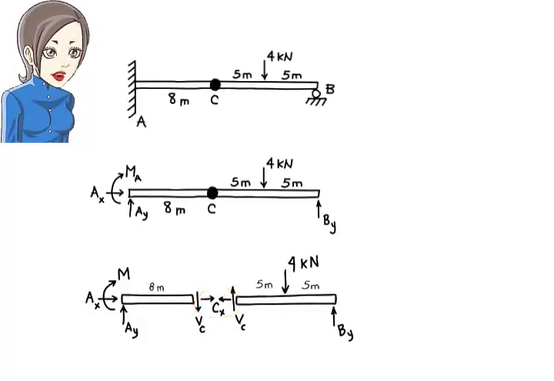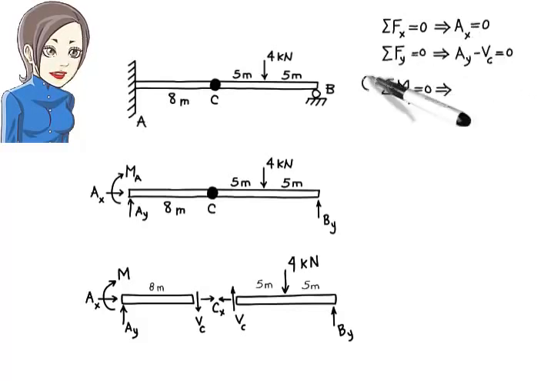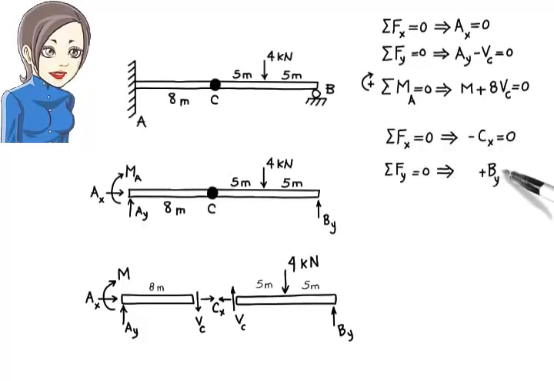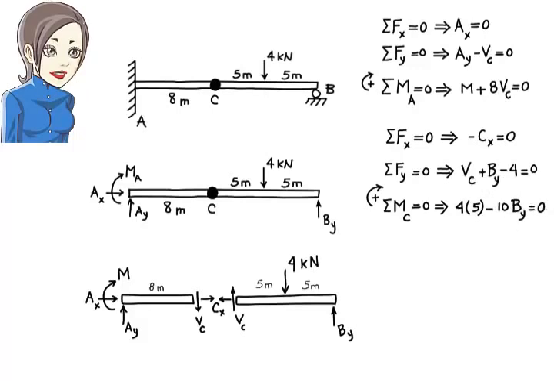The equilibrium equations for the left beam segment are: the equilibrium equations for the right beam segment are: therefore, we have a total of 6 equations and 6 unknowns. The unknowns are AX, AY, M, VC, CX, and BY.